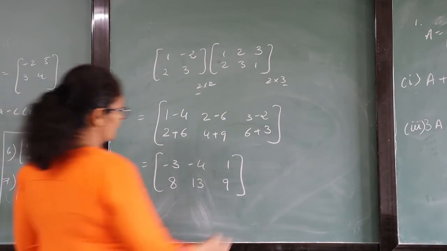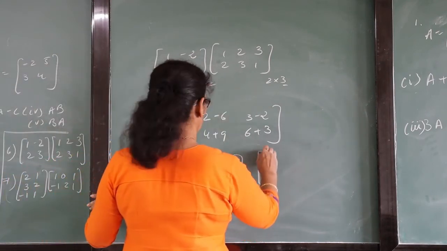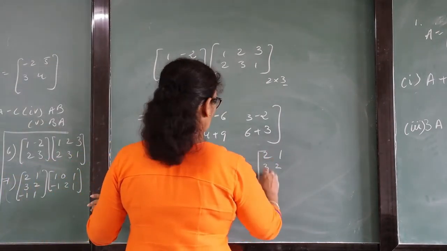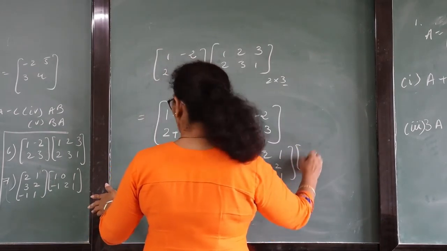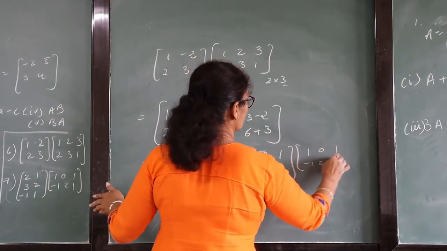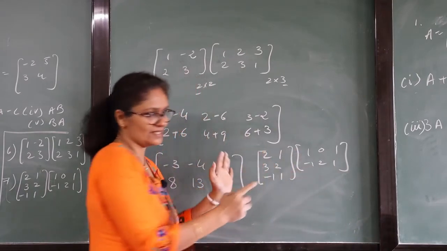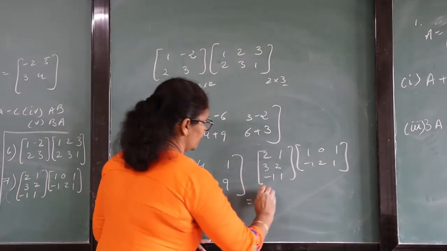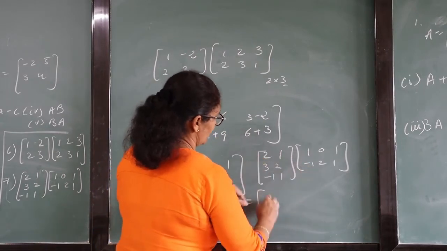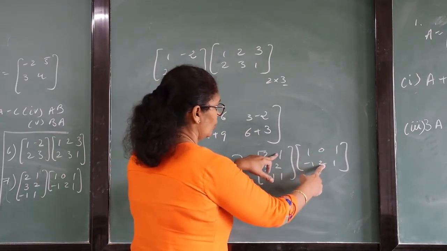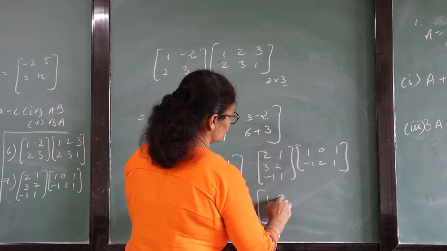Same way, if matrices are given like this, check it: 2 1, 3 2, minus 1 1, and another matrix is 1 0 1, minus 2 1. Now check, the elements match, so easily we can multiply it. 2 ones are 2, minus 1 will be 1, 0 plus 2 will be 2.